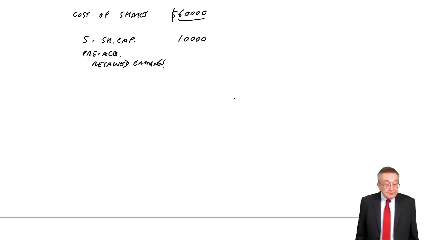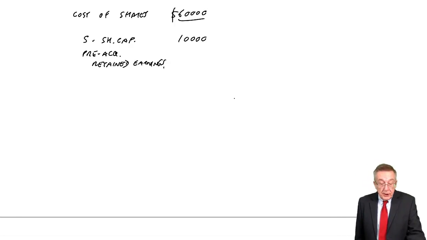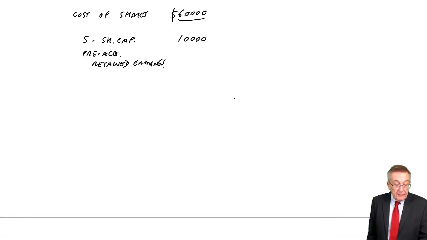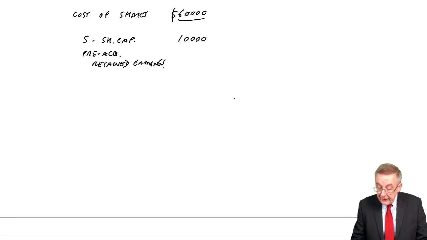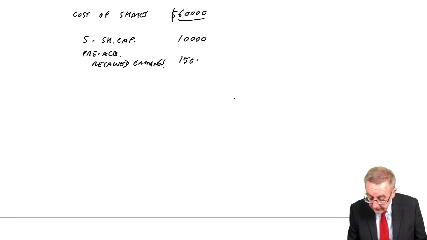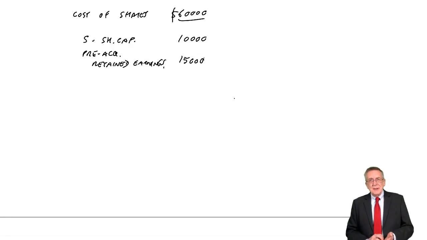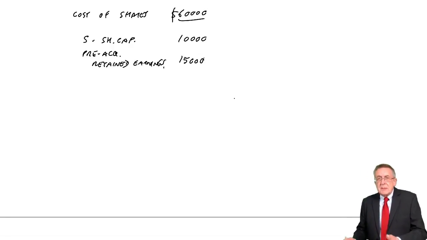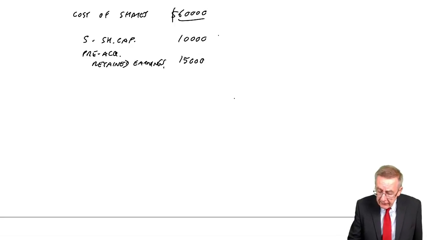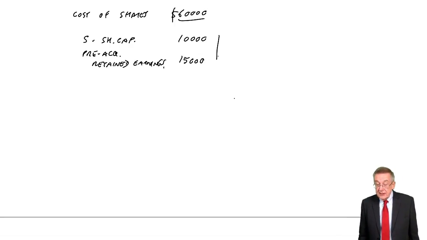And what were they? Look at the second sentence at the start, top of the question. They bought the shares on the 1st of January 2005, and on the 1st of January 2005, the retained earnings of S were 15,000. So at the date they bought the shares, S's balance sheet on that date would have had share capital and retained earnings in total of 25,000. And so the net assets of S would have been 25,000.